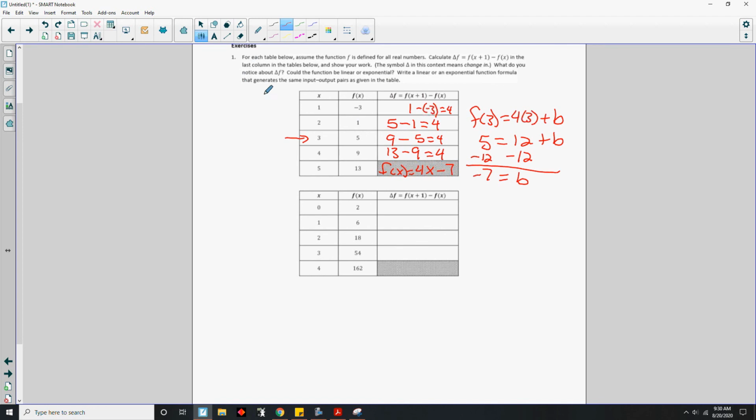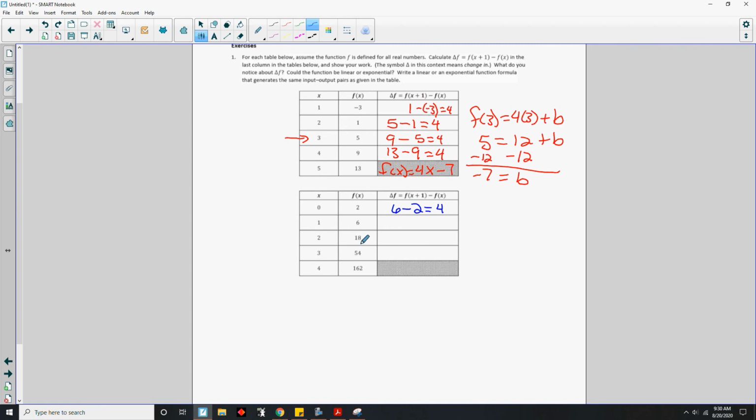Okay, our linear function. Next one. So del f, change in f, equals f of x plus 1, which is 6, minus f of x, which is 2, which gives me 4.